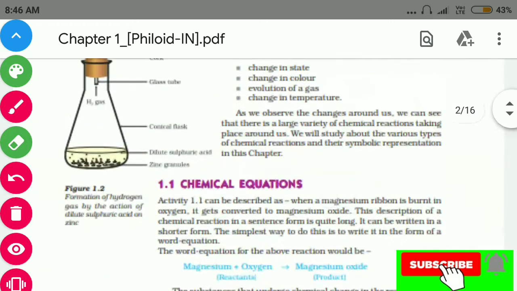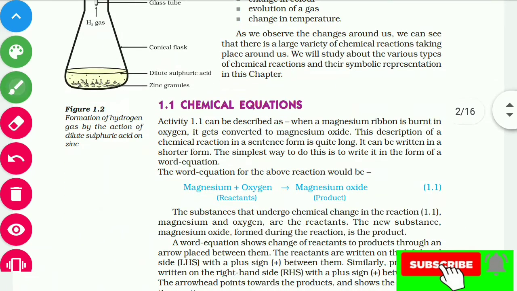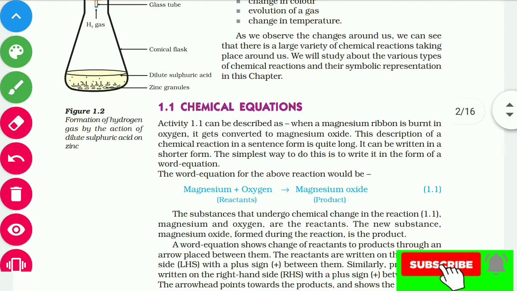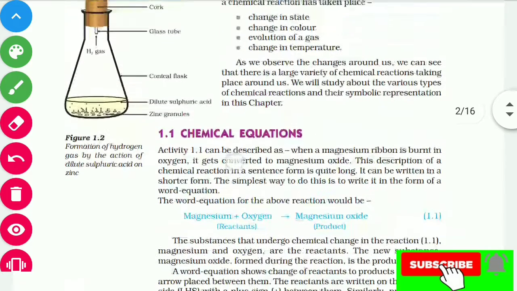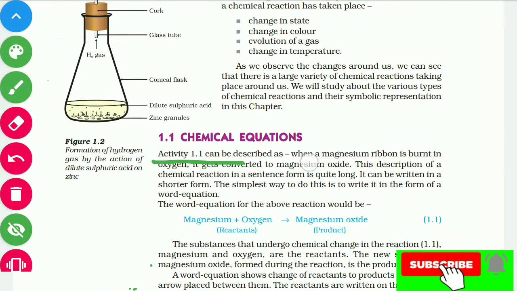Now, what are chemical equations? A chemical equation is an expression which includes the names of the elements taking part in a chemical reaction.